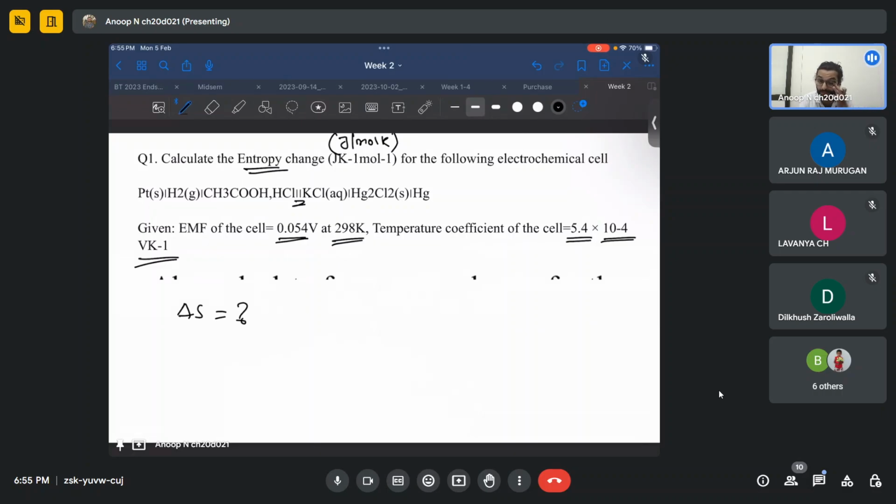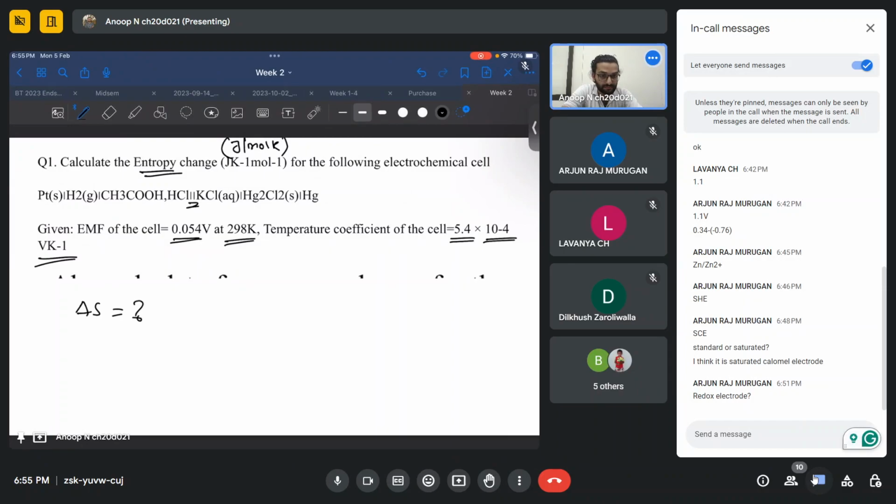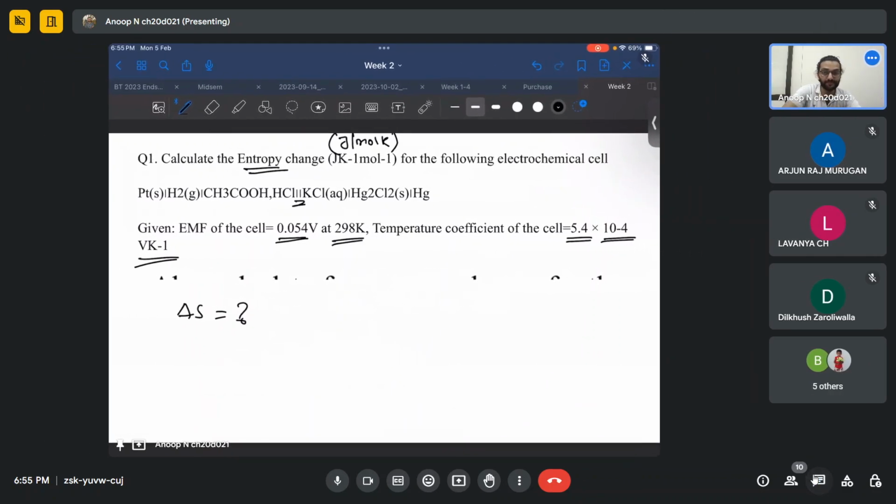Or shall I solve? Anyone? So shall I start solving?